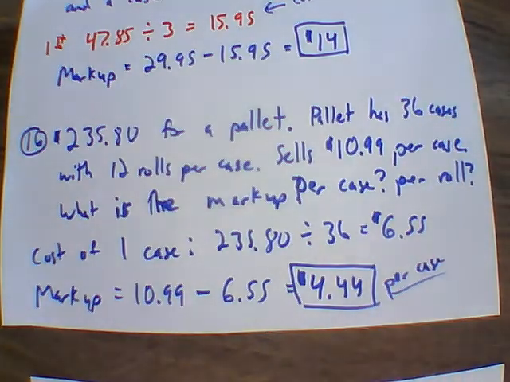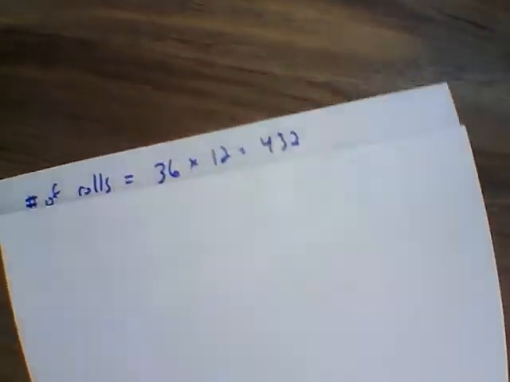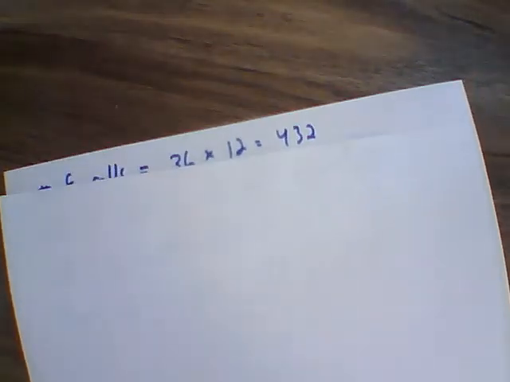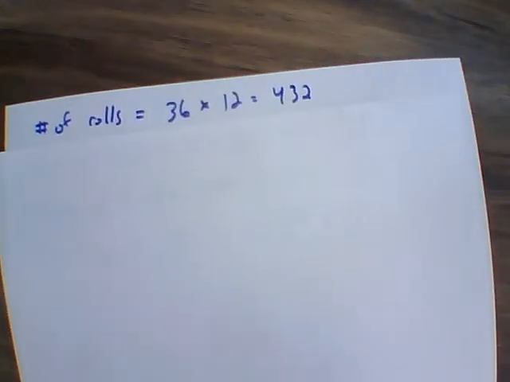They also asked us in this problem, what is it per roll of paper towel? To go per roll, we need to know how many rolls are on this pallet. 36 cases times 12 rolls per case gives us 432 rolls.